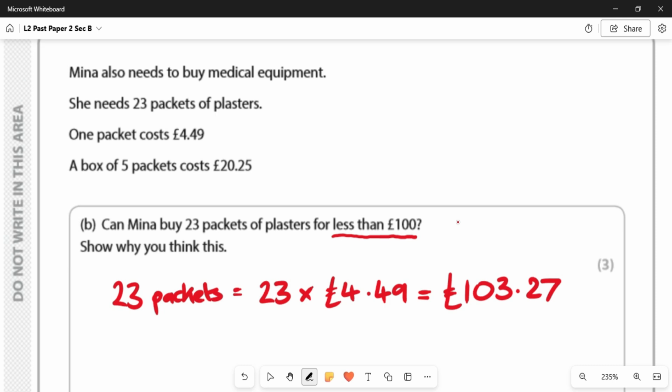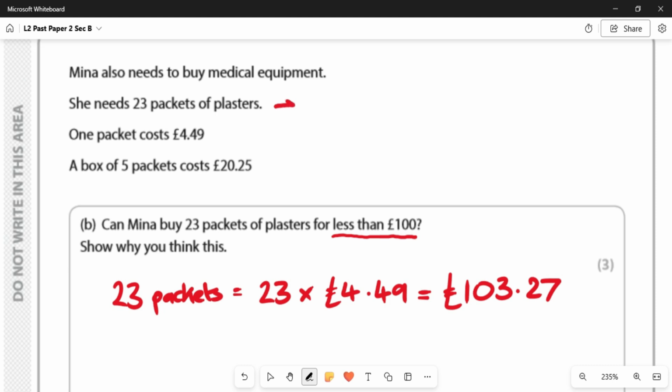A very common mistake with this one is a lot of people would divide this by 5 to get what 1 packet costs, but you can't do that. Like in real life, you can't go to the supermarket and split that packet of 5 into just one. It doesn't make sense. So think of it in real terms. What you will actually do, you'll have to buy multiple boxes. So how many 5s go into 23?